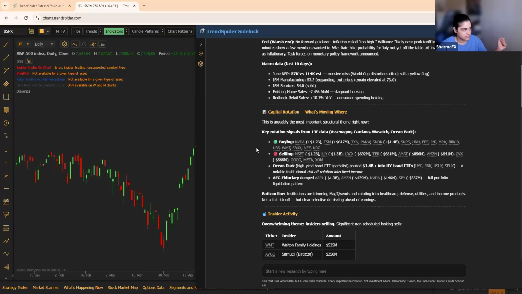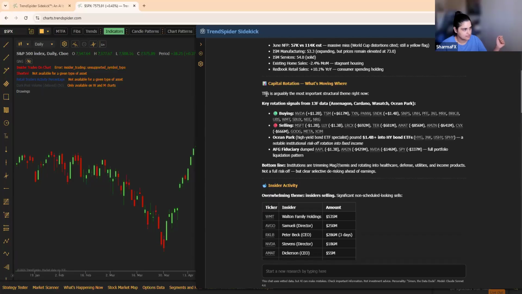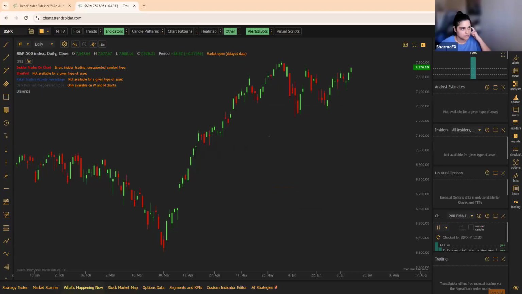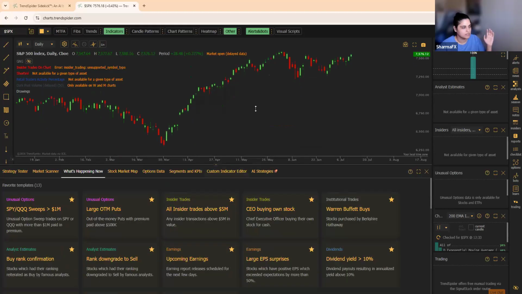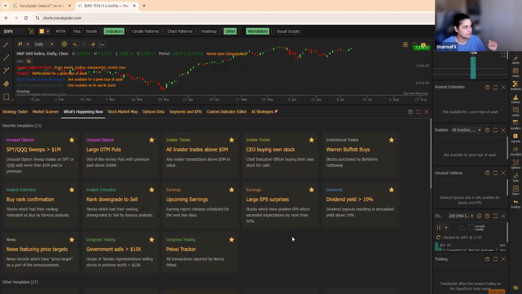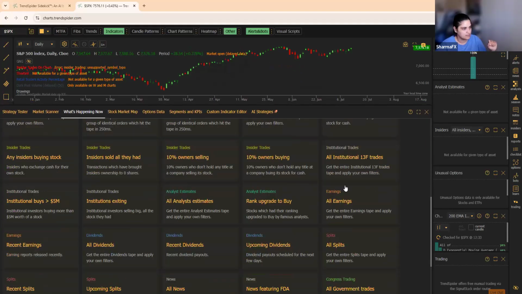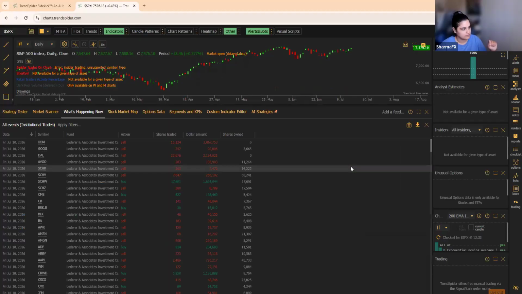In terms of capital rotation, this is the most important structural theme right now. Key rotation signals from 13F data. So this is institutional data that you can pull up here. Instead of going to Sidekick, let's say if you don't want to use that, but you're just exploring TrendSpider here, I can just come down here. This is all institutional 13F trades.